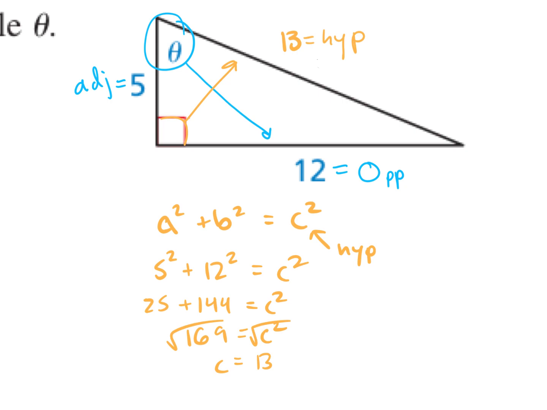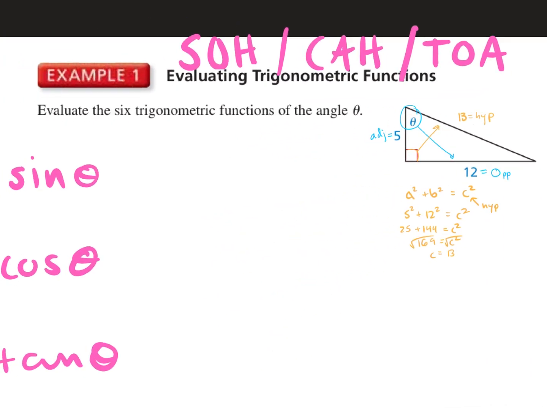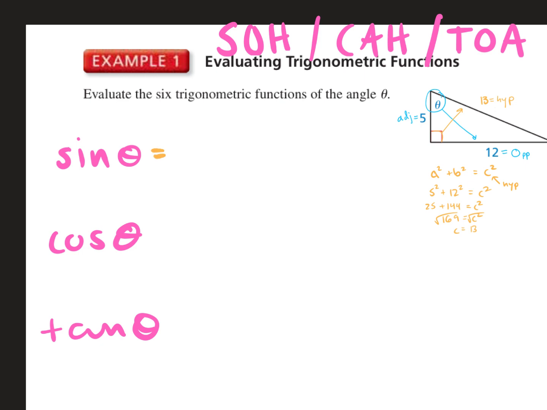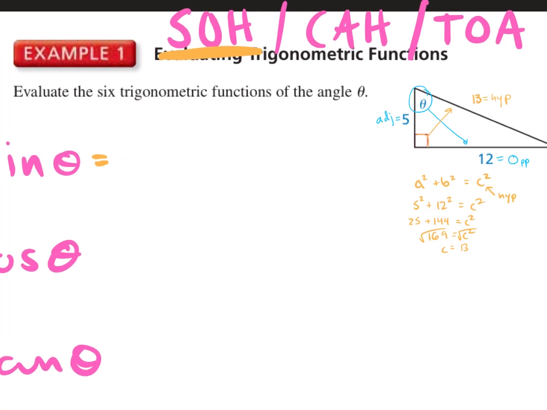Everybody good with this? All right, so let's find our trig functions now. So sine, according to SOHCAHTOA, is what over what? Opposite over hypotenuse. So what's our opposite? 12, and what's our hypotenuse? 13. So 12 over 13.